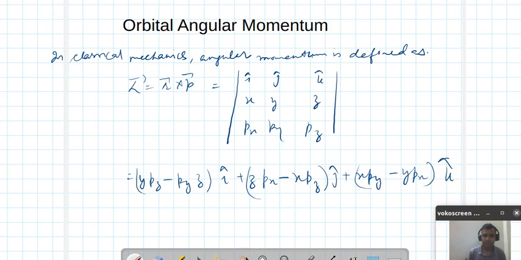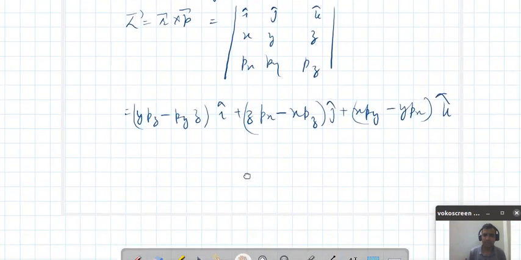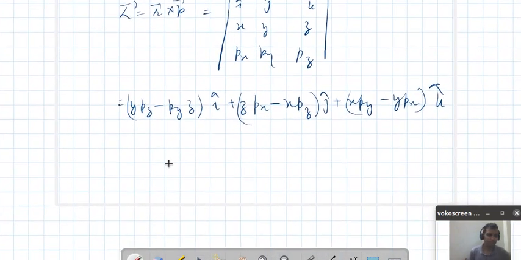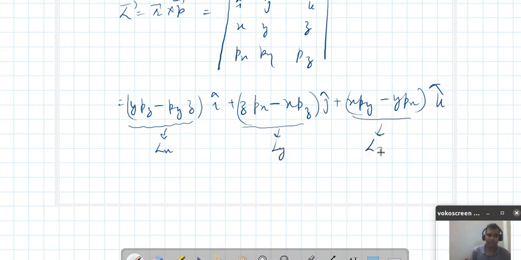And let me express the things in terms of corresponding components. So this component is known as the x component, this is the y component, and let me call it the z component, right? So this is the classical interpretation of angular momentum.